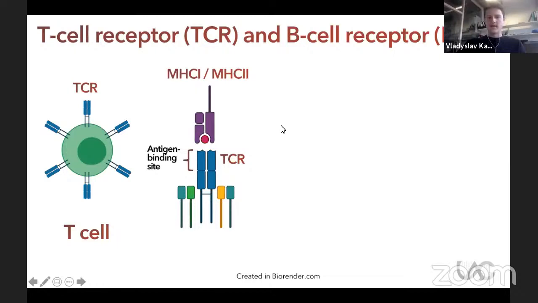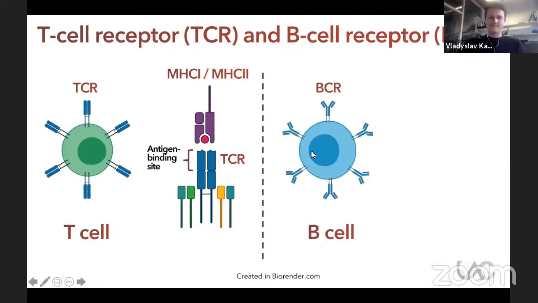When we come to the next part of this slide, to the B cell, it's pretty similar. You may see here schematically a B cell that is carrying its own B cell receptors, surface molecules that help this B cell to recognize an antigen. As you may see, this B cell receptor looks very similar to an antibody. In this case, it is a monomeric antibody that is just built into the membrane of this B cell.